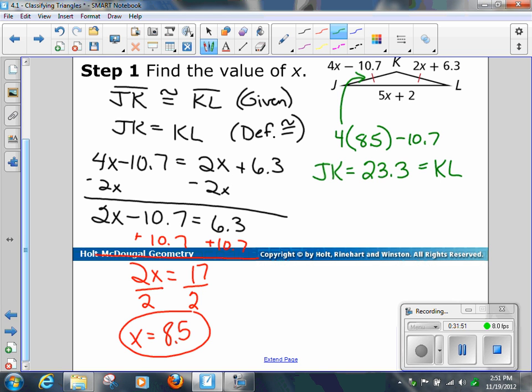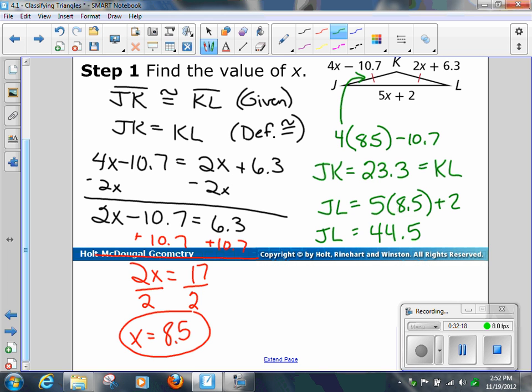And now I got to find JL. How am I going to do that? I'm going to plug it in. 5 times 8.5 plus 2, 42.5 plus 2 is 44.5. You guys agree with that? You agree? Because we're just substituting, right?